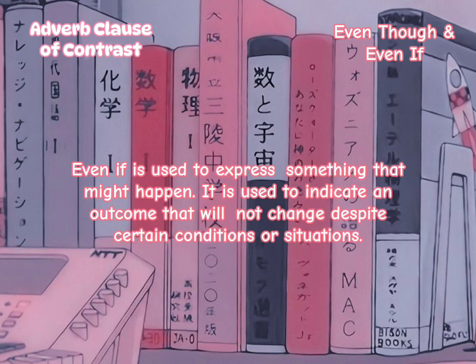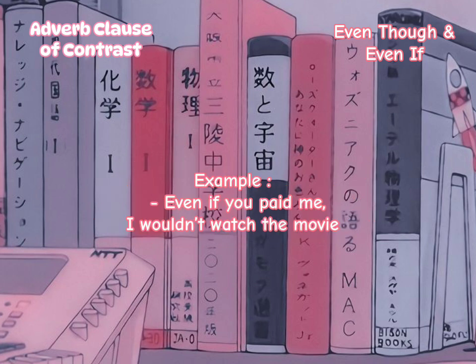And there is even if. Even if is used to express something that might happen. It is used to indicate an outcome that will not change despite certain conditions or situations. For example, even if you paid me, I wouldn't watch the movie.